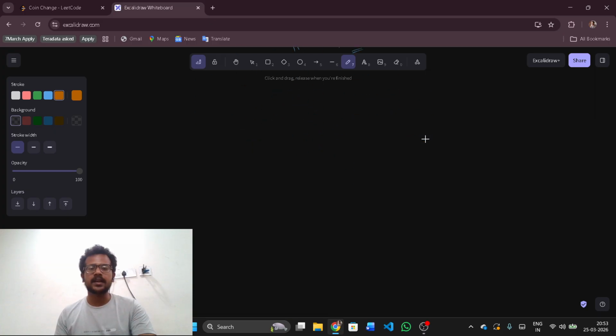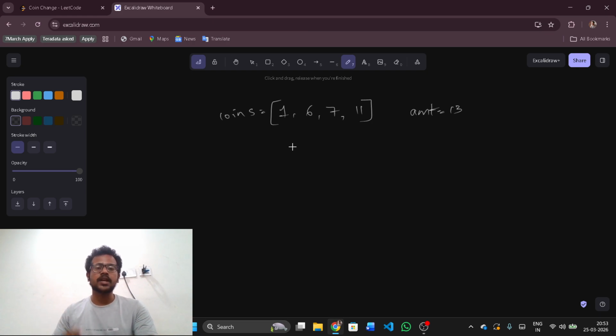Now, let's take another example, so that we'll get a clear understanding. Coins 1, 3, 6, 7, and 11, and let us take the amount as 13. Let us use the same approach again.